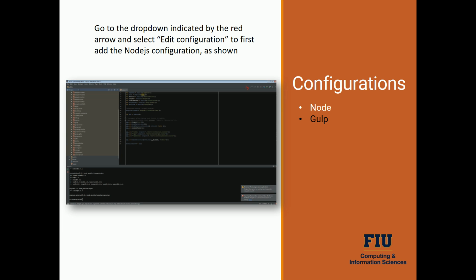Next, you need to open WebStorm and click Open to open the eEVA project. Once the eEVA project has opened and loaded in WebStorm, go to the drop-down indicated by the red arrow and select Edit Configuration to first add the Node.js configuration as shown.